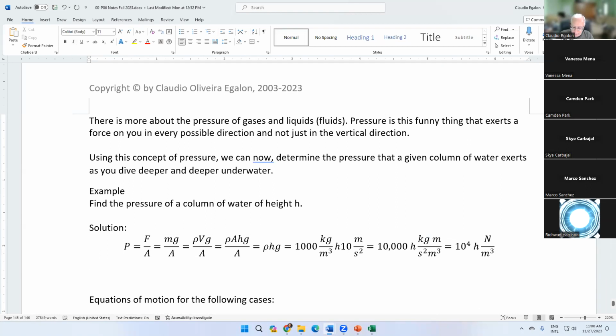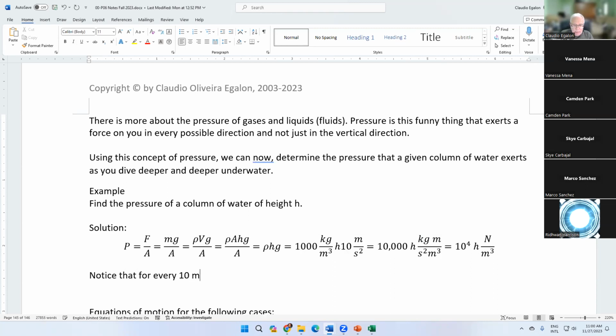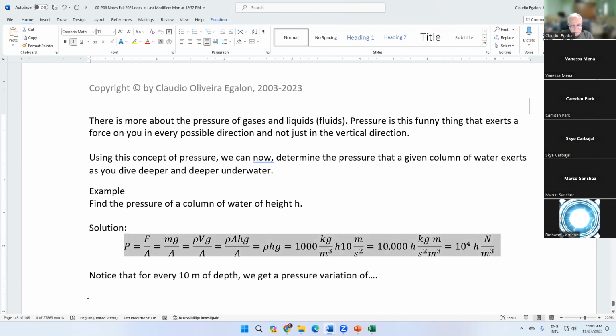Note that for every 10 meters of depth, we get a pressure variation. It's something interesting about water, you know? Water is, find the pressure column of water.